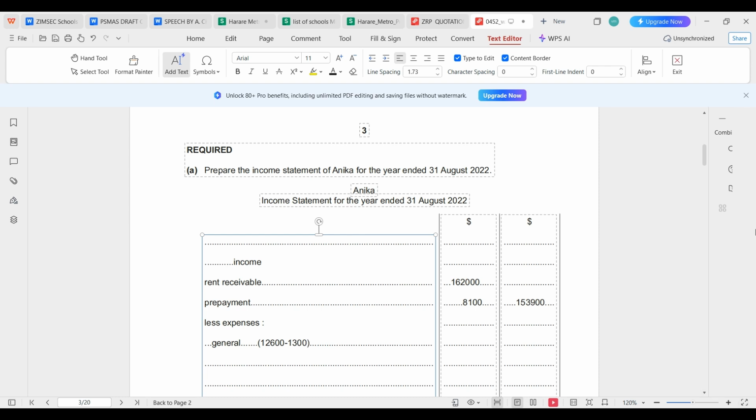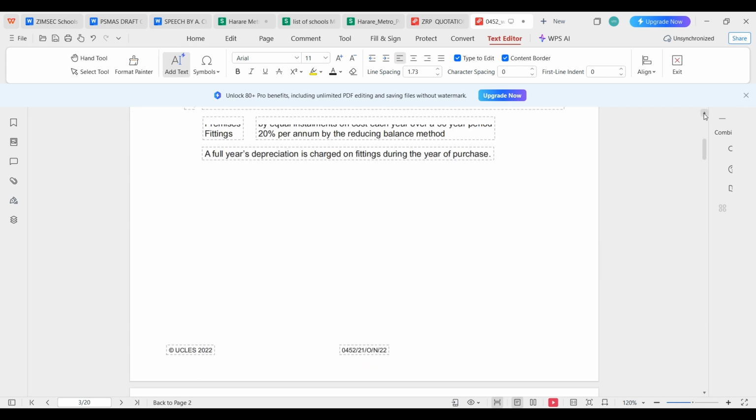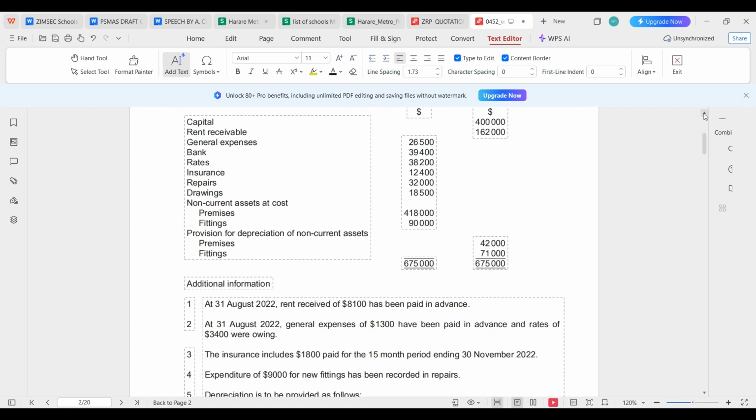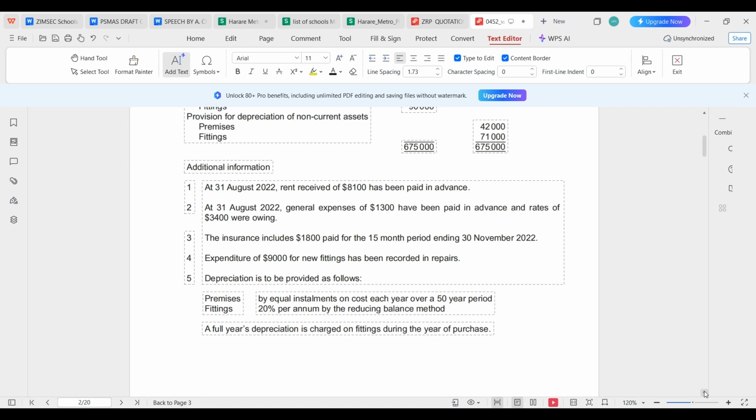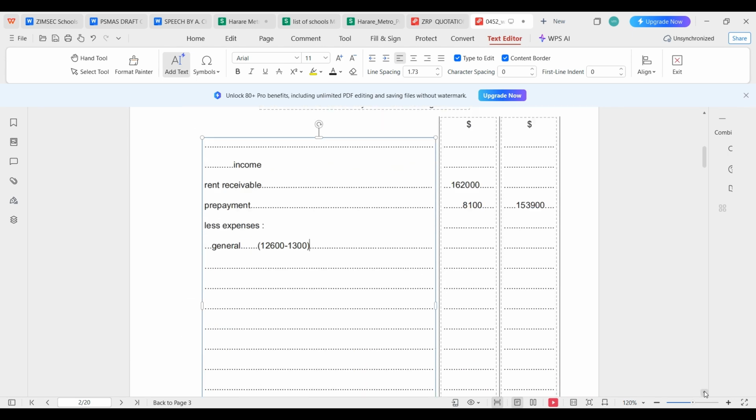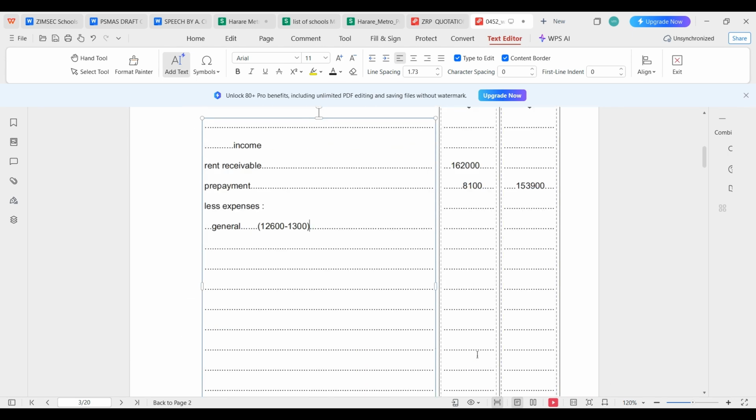So to be sure, our general expenses are how much? They are 26,500. So 26,500 less what? Less the amount that has been prepaid.